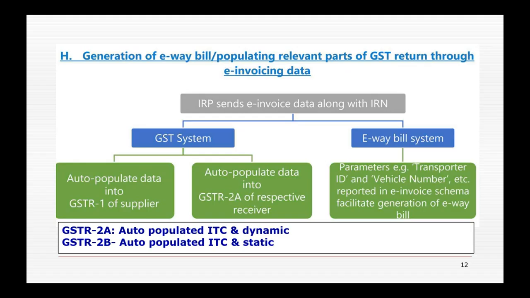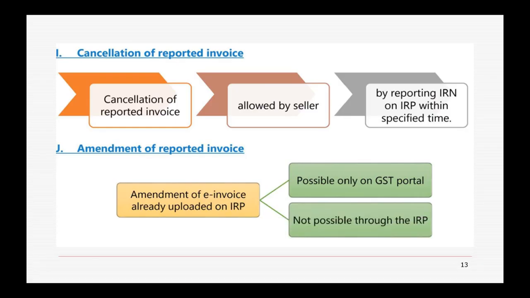In the e-waybill system, the parameters, transporter ID and vehicle number reported in the invoice schema, facilitate the generation of the e-waybill. We'll discuss this in detail. There is also a portal where you can cancel the reported invoice. Amendment of the invoice can also take place in the invoice registration portal.